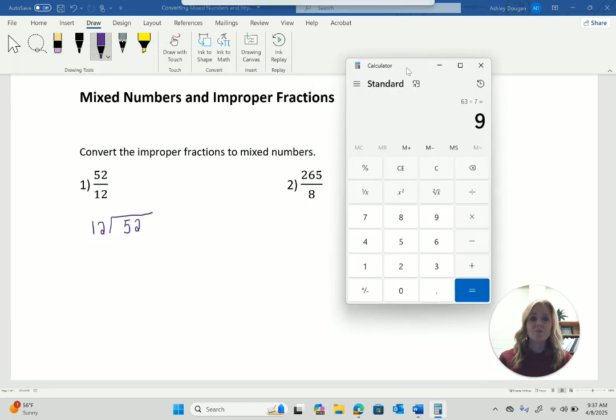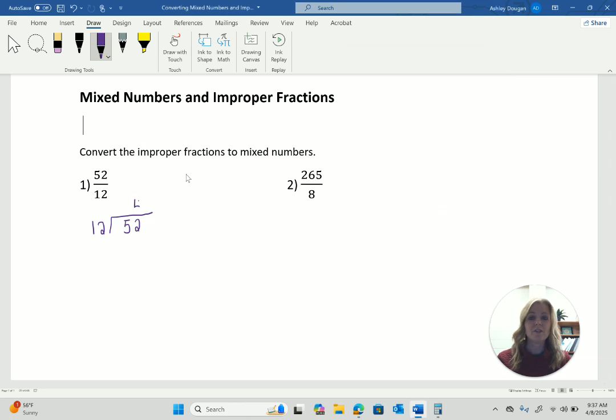If you're not sure at all, it is kind of a guess and check. So think about 12 times 1, 12 times 2, 12 times 3, 12 times 4. 12 times 4 is 48, so that's going to be the closest number without going over. So 12 will go into 52 4 times, and 12 times 4 is 48.